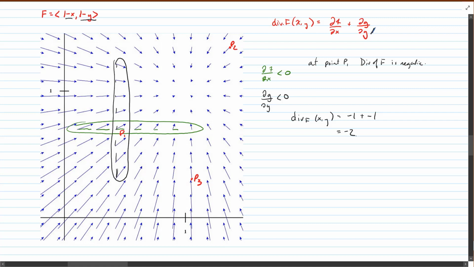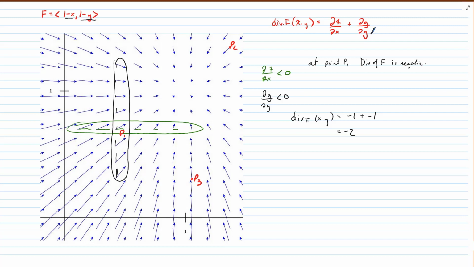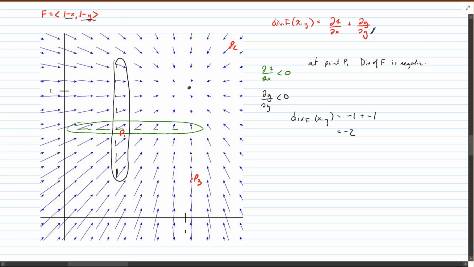One way to interpret this is that in this entire region of this vector field, every point is behaving in some sort of sense like a sink. By the way, there is a sink in this vector field, which is at this point right here, +1, 1.